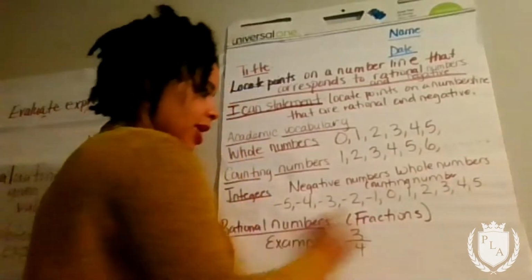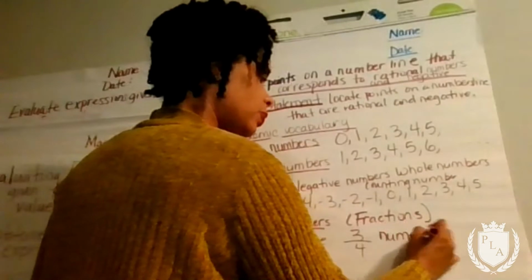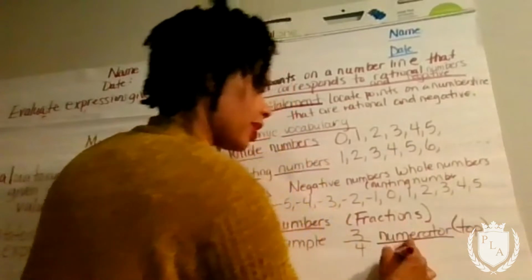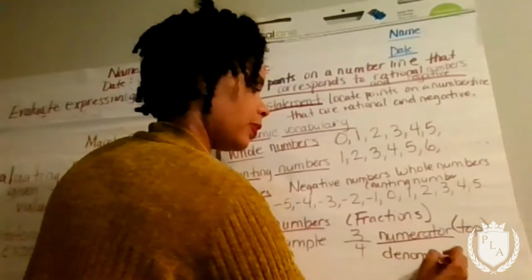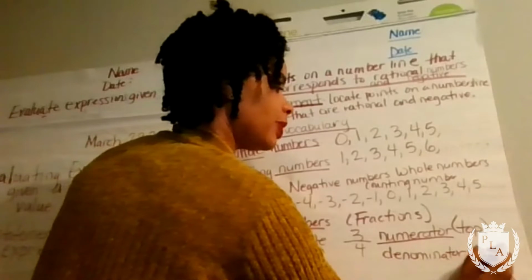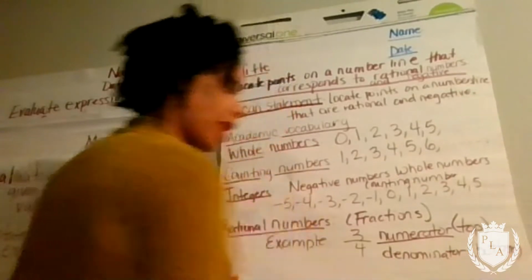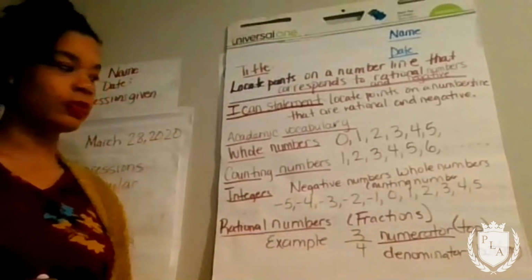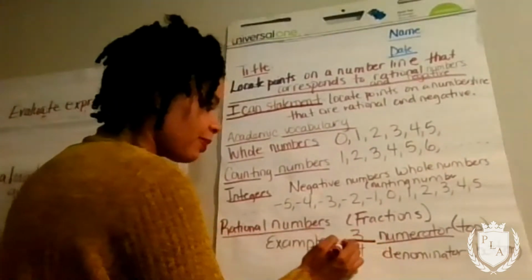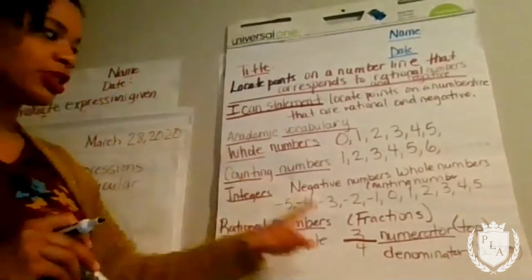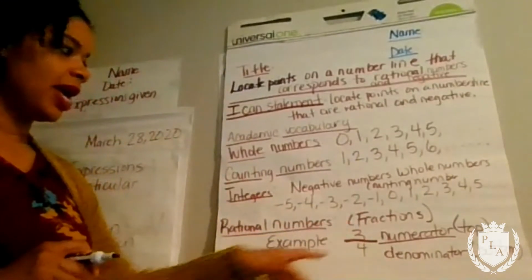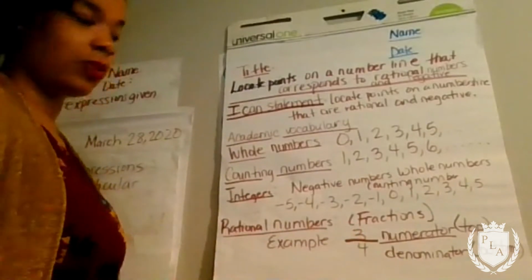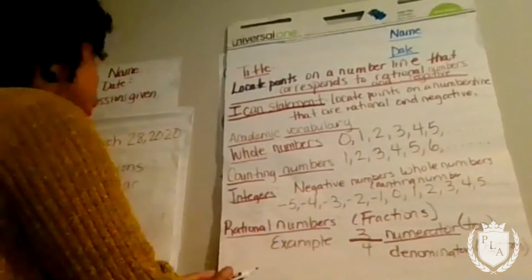It has a numerator, which is our top number, and it has a denominator, which is our bottom number, okay? So a fraction has a numerator and a denominator. So this is very important. Rational numbers are numbers that we can write as a fraction, and it has a numerator and a denominator, and neither of them can be 0, okay? Do you have any questions?